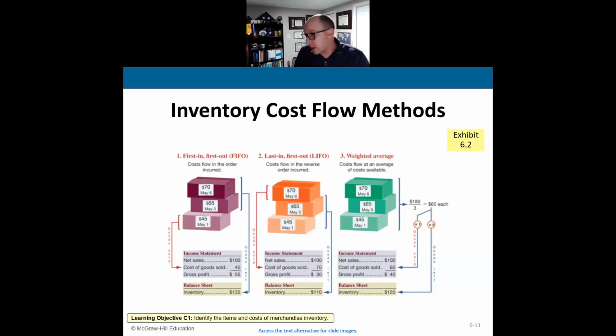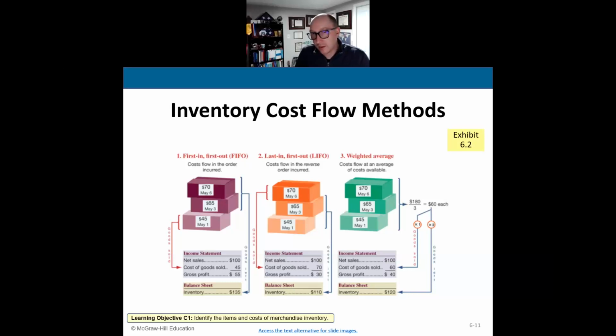Because in business, a business can select one of these three or four methods to value their inventory, and I'm going to explain why in a second. Oftentimes, a business will try to calculate these three methods to figure out which is the best for them. So first we have first in, first out.